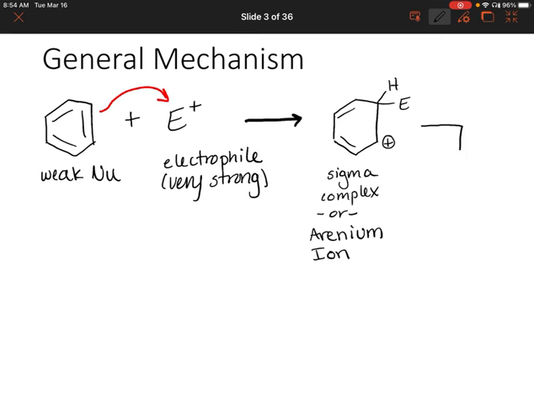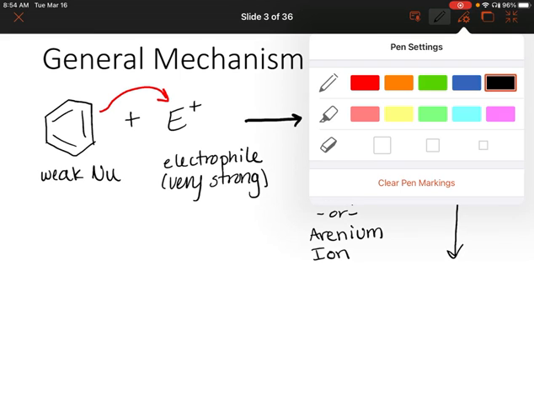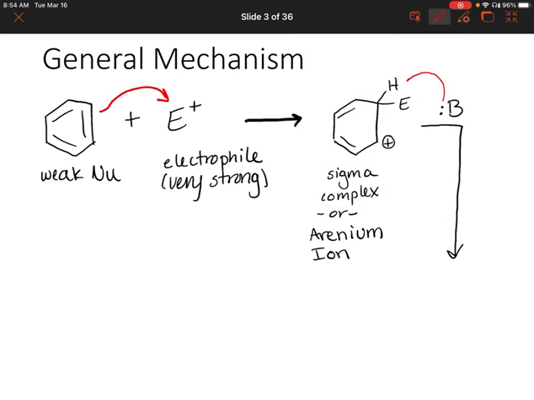So, in the next step, we're just going to use some sort of base to grab onto that proton on the ring. And then the shared electrons will form a pi bond. So we're re-establishing that aromaticity.